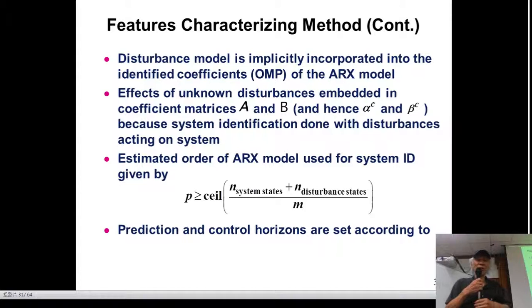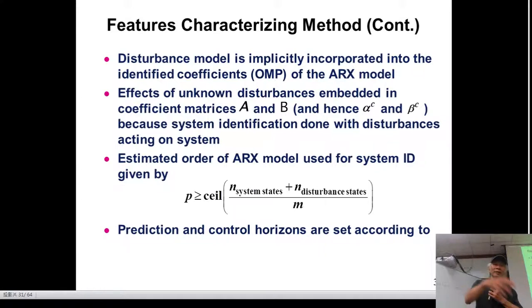If I ask you, say my system state is 10 and my output number is 3, what is the minimum p? 10 divided by 3 is 3.33. So what is the minimum p? 4. Yes, 4 is the minimum. It can be 4, 5, 6, 7, or 8.